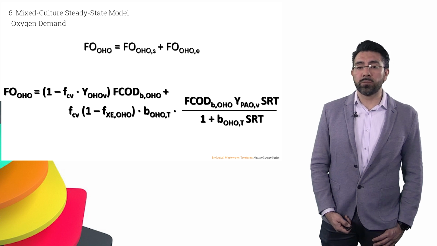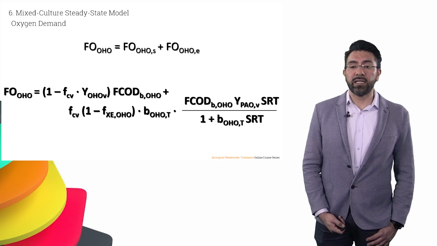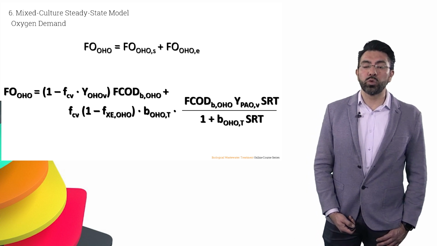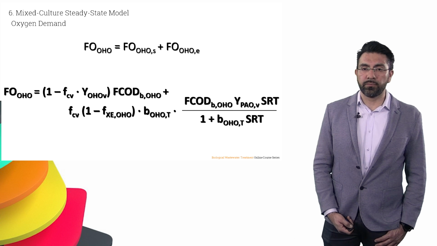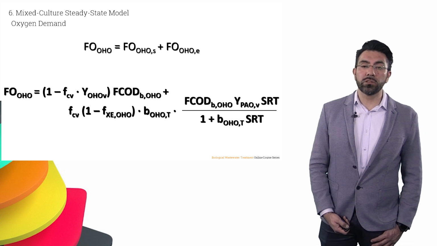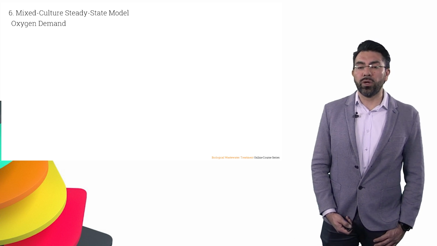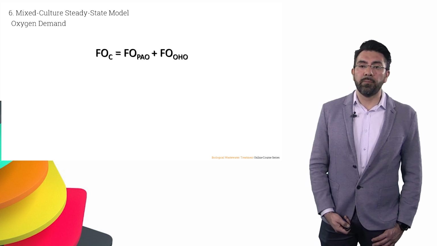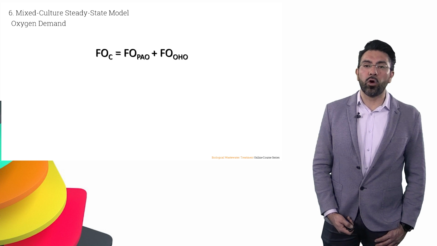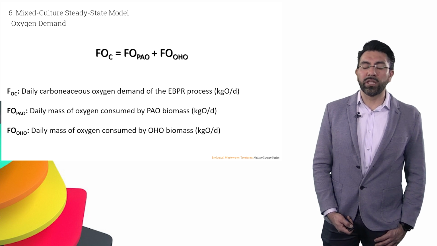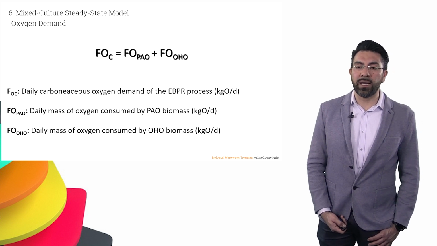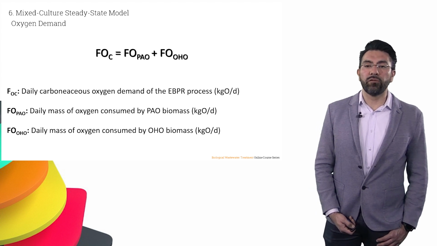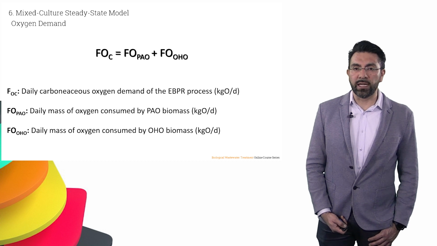And this is also proportional to the amount that they leave behind after they are exposed to the endogenous respiration processes. Once we know the oxygen demand by the OHOs and the oxygen demand by the PAOs, then we can estimate the total oxygen demand of the system, also called the daily carbonaceous oxygen demand of the eVPR process, composed of the oxygen demands of these two groups of organisms.